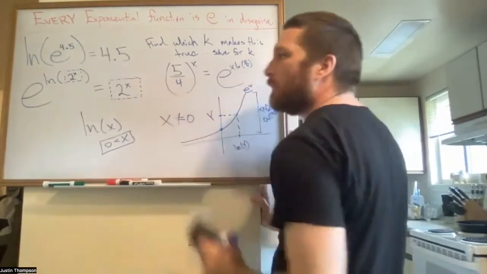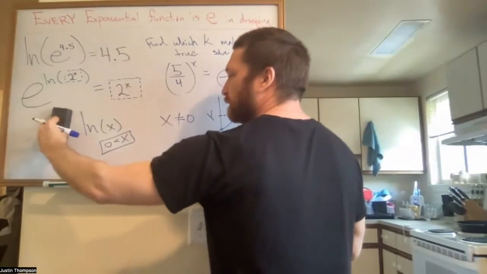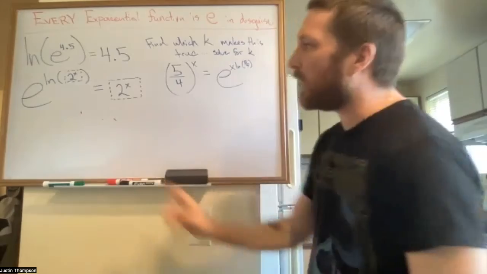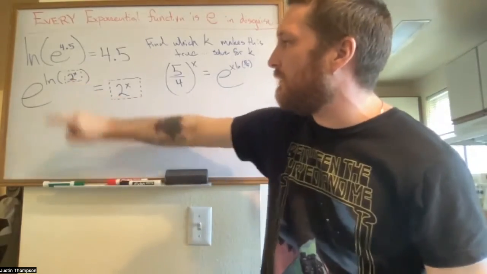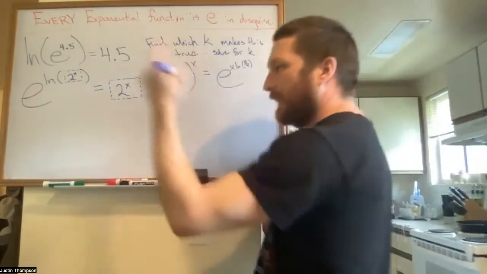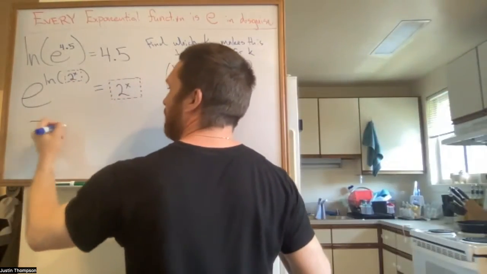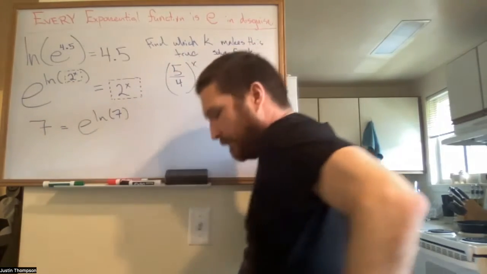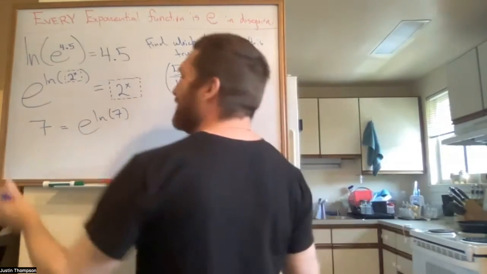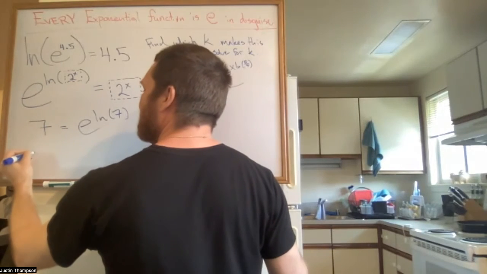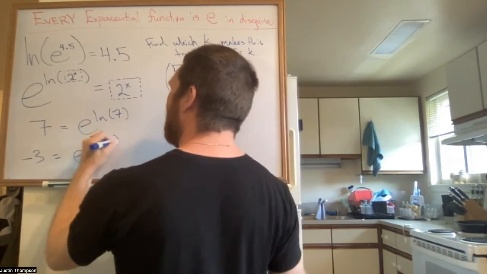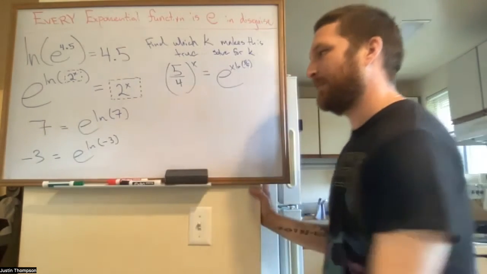And so when you go to apply this trick, what I'm getting at is that this trick's always going to work just as long as what goes in there is a positive number. Like I said, 7 equals e to the natural log of 7. But it's not the case that we could just easily say negative 3 equals e to the natural log of negative 3.